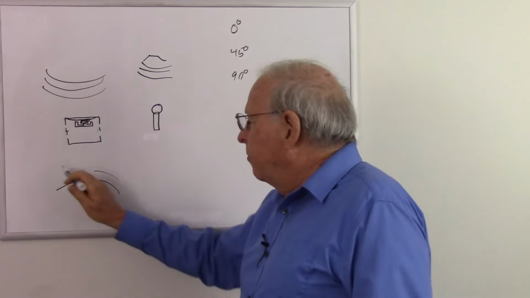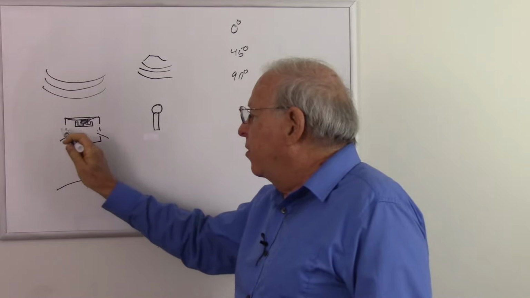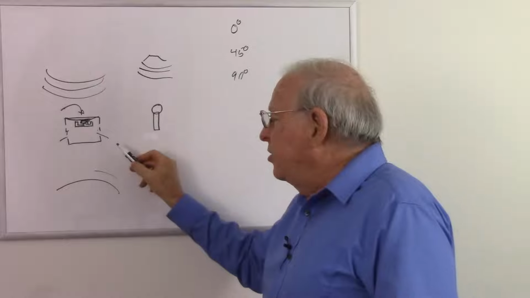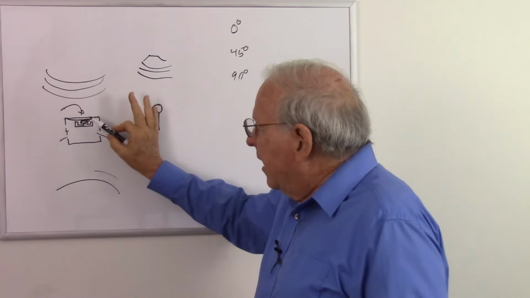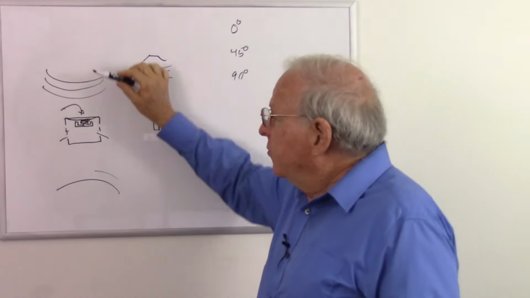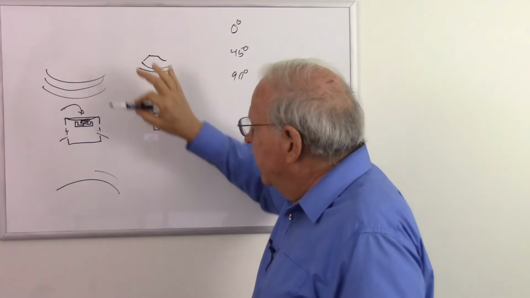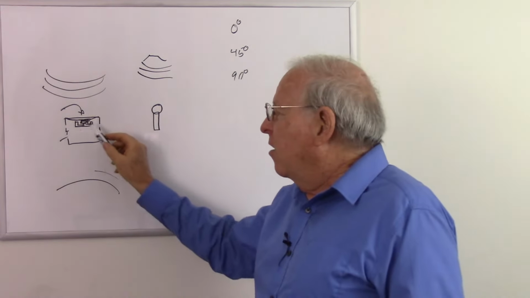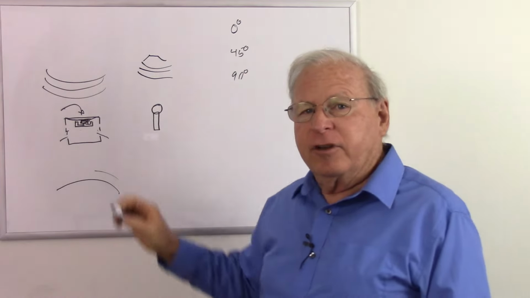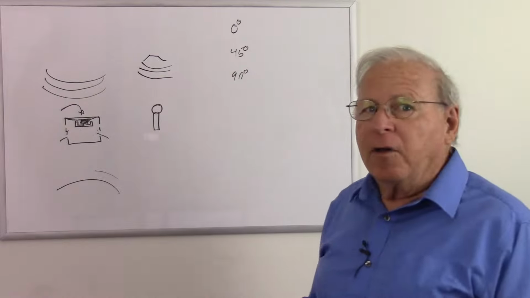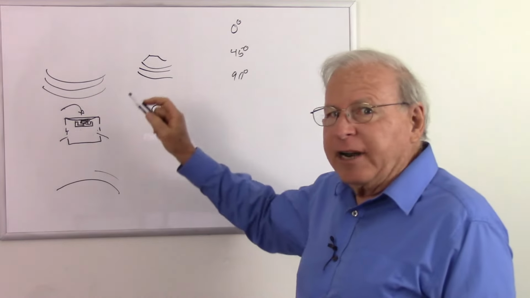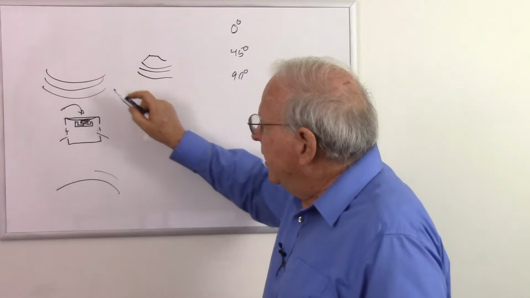So when sound comes from the back, some of the energy goes in these ports, some of it comes around and pushes on the diaphragm, and the energy coming in the ports counteracts the energy hitting the front of the diaphragm, causing it not to move. So sound coming from the front does not do that, sound coming from the back does, and that causes this to be not sensitive to sound from the back, but sensitive to the front. So what would we call this? A unidirectional microphone? We could, but we have different names for different amounts of this effect.